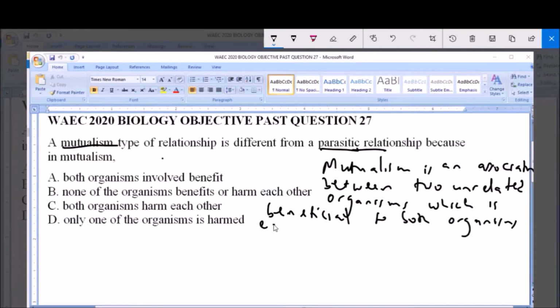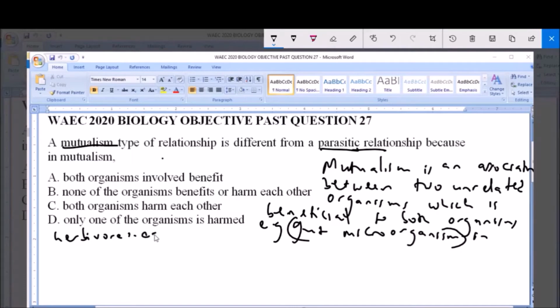So for example, you have gut microorganisms in herbivores. Now what happens in this relationship is that the gut microorganisms help the herbivore. Examples of herbivores are, let's say, cattle, goats, etc.